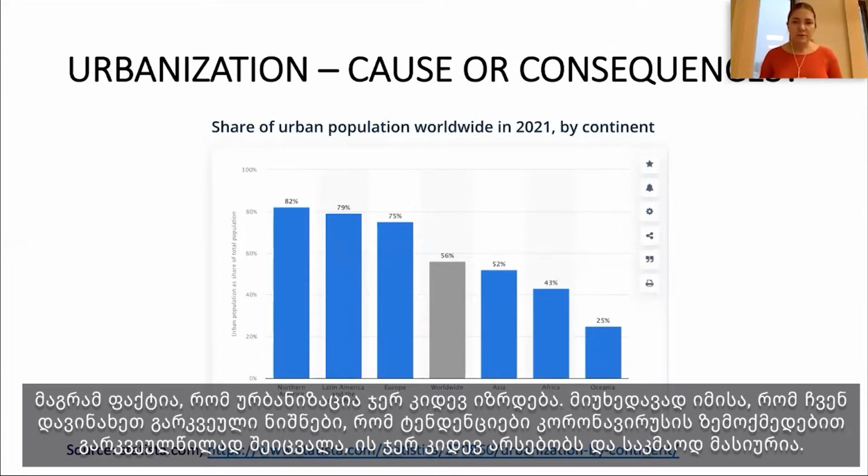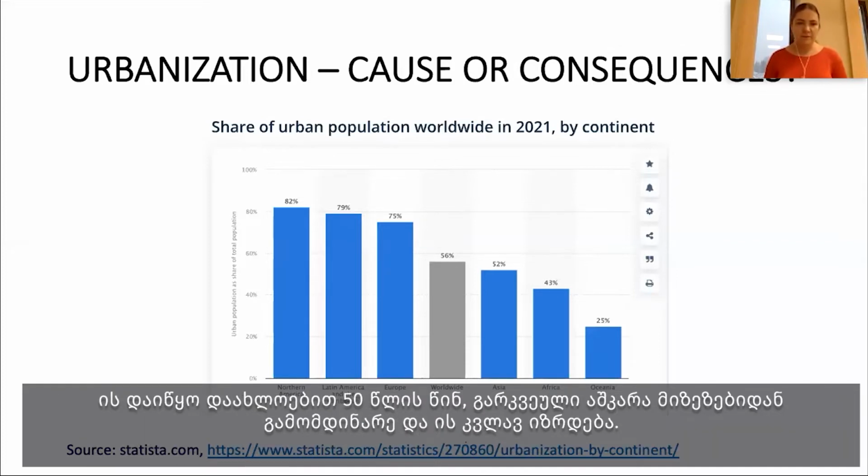But of course, it's still a fact that urbanization is still growing, although we saw some signs that the trends are somewhat shifted by the coronavirus impacts, but it's still there. It's massive. It started around 50 years ago with some obvious reasons, but now it is still growing.